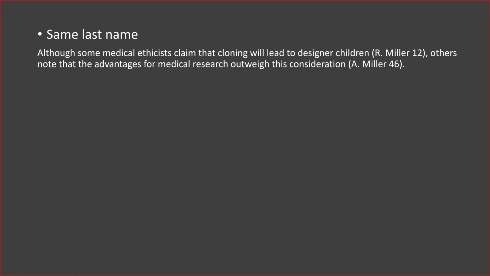Another type of citation, or another kind of change on our general citation format, is when you have the same last name. So here we have, although some modern ethicists claim that cloning will lead to designer children, R. Miller, others note that the advantages of medical research outweigh this consideration, A. Miller. So you can see there are two different people, maybe Robert and Albert Miller.